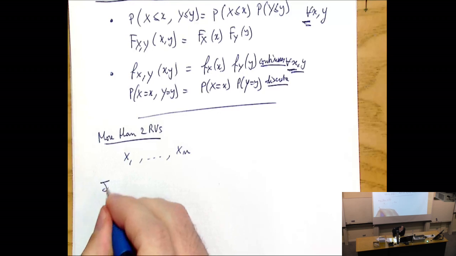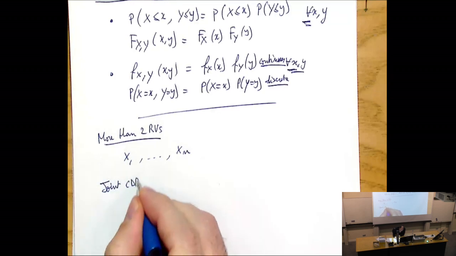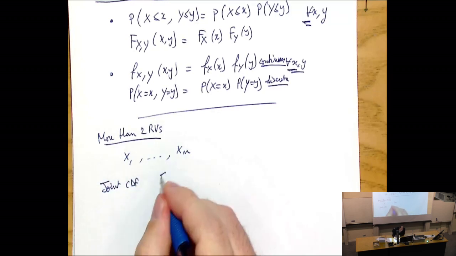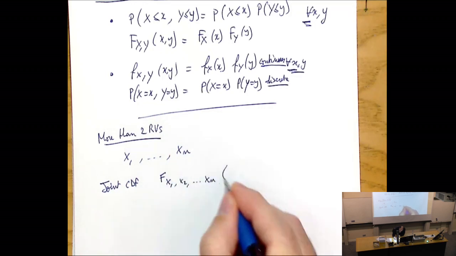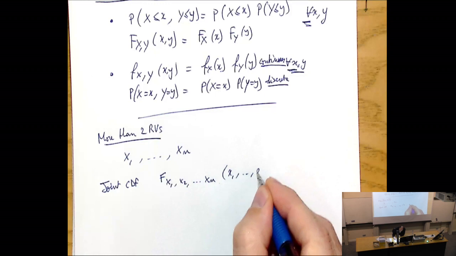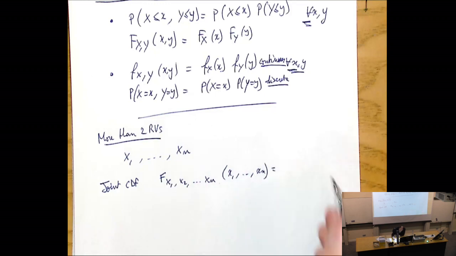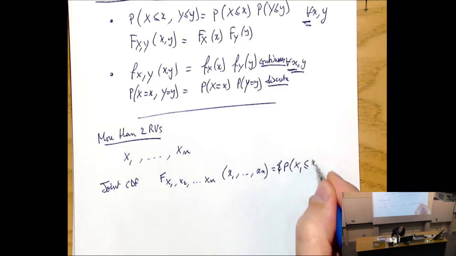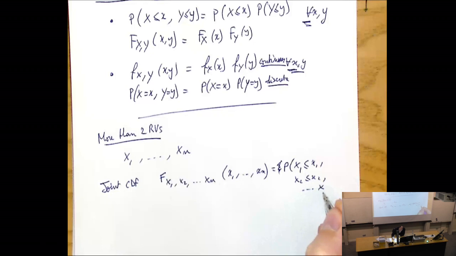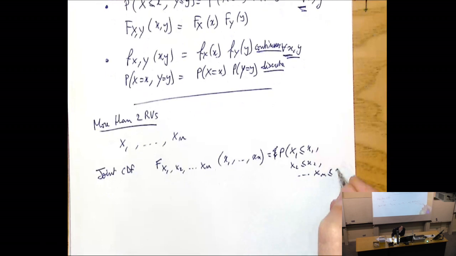My joint CDF will be F of x1, x2 all the way to xn, evaluated at x1 all the way to xn, and this is the probability that X1 is smaller than x1, X2 smaller than x2, all the way to Xn smaller than xn.